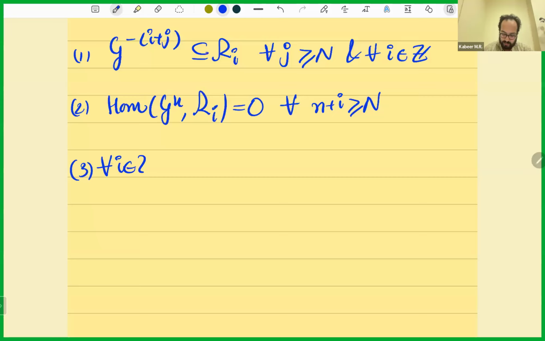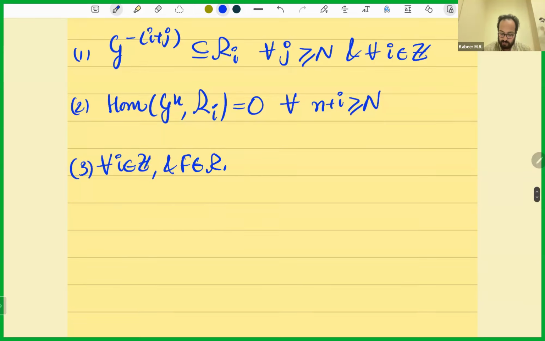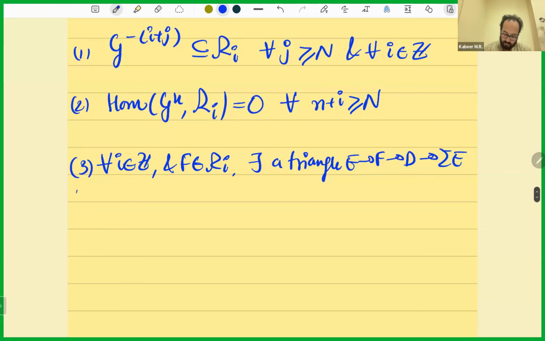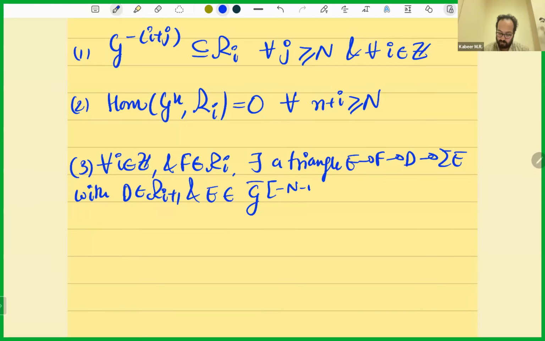For all i in Z and F in R_i, there exists a triangle D to F to E, with, as you would expect, D being in a smaller ball of smaller radius around 0, and E being built finitely from the generating sequence.